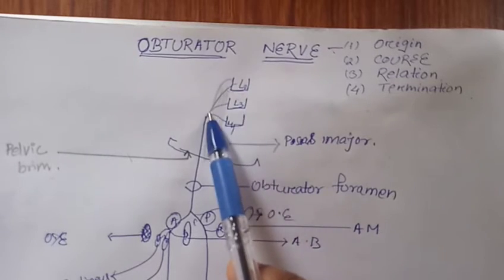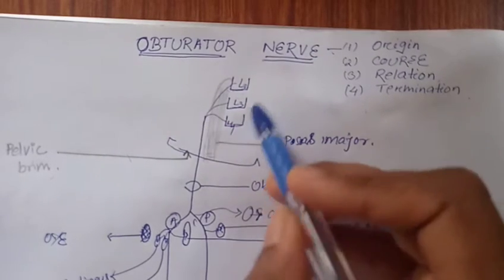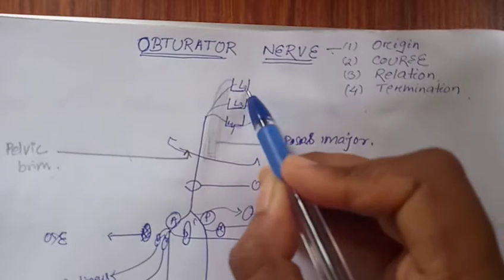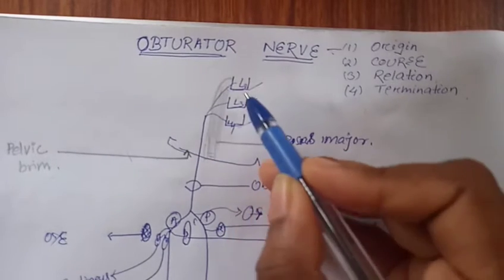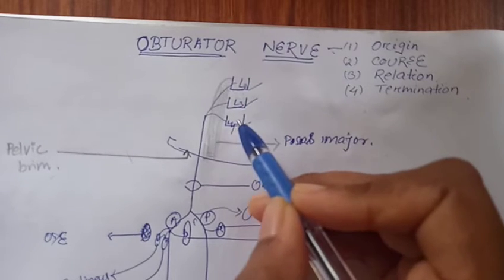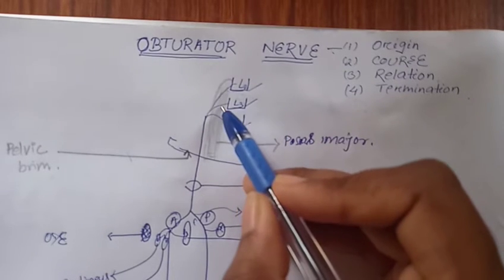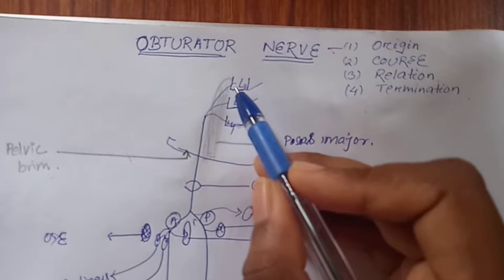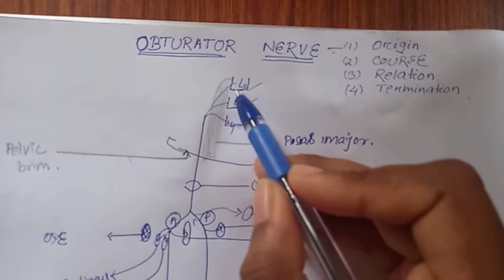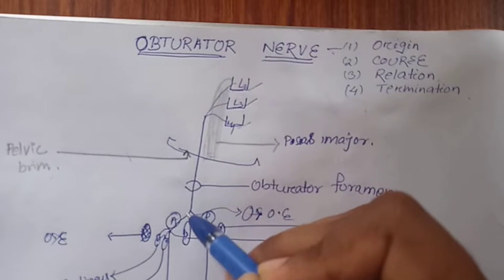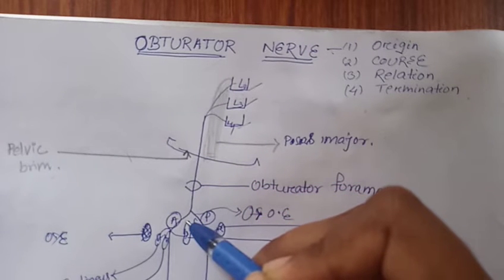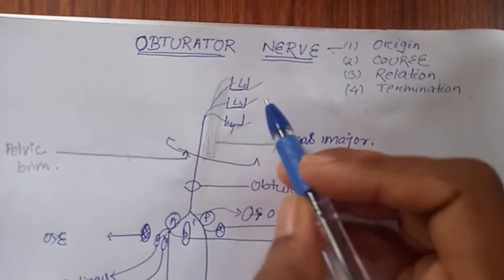So the ventral divisions of the ventral rami of L2, L3 and L4 come together to form the obturator nerve. Then its origin is completed.